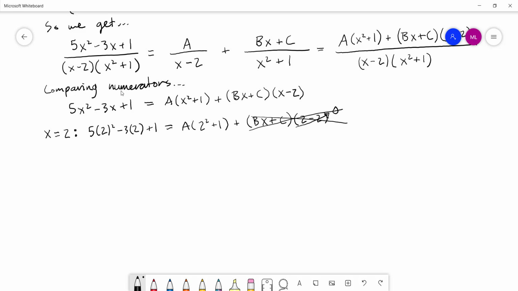And we wind up with, on the left-hand side, 2 squared is going to be 4. 4 times 5 is 20, so I'm going to have 20 minus 3 times 2 is 6 plus 1. And on this side, I'll have 2 squared, which is 4, plus 1, which is 5, times a. And so over here, I'll take the minus 6 and then plus 1, and we will get 15 equals 5a, which tells me that a must be equal to 3.